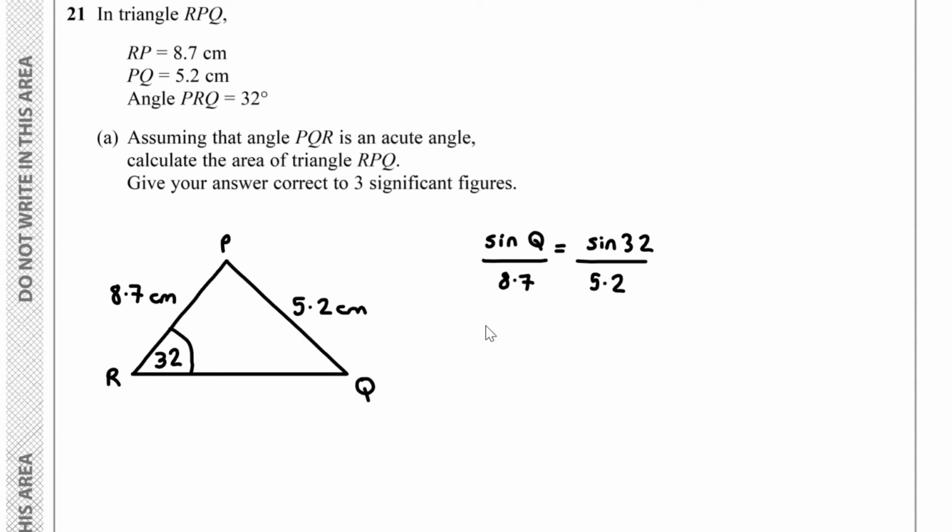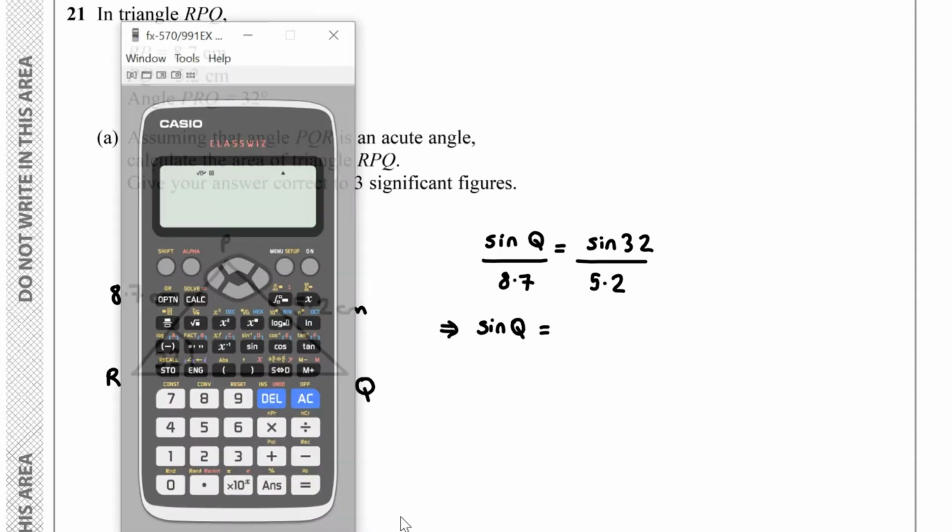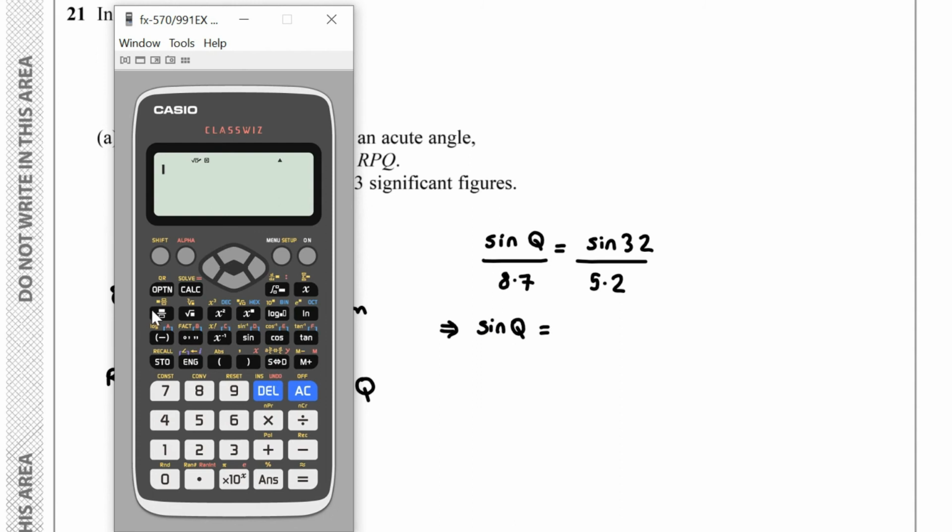Now if we rearrange, we can find out what sine Q is. So sine Q is equal to the sine of 32 over 5.2 multiplied by 8.7. It turns out here we get 0.88, etc. So we have sine Q equal to 0.88, etc. So therefore we can find out what Q is. Okay?